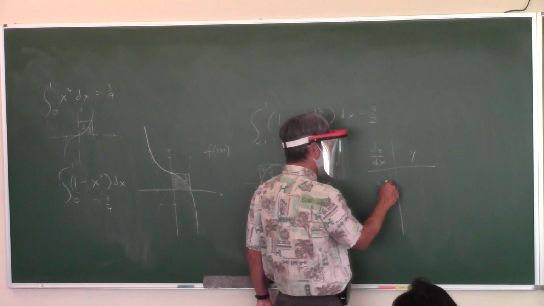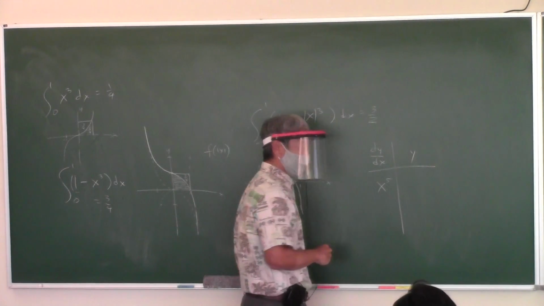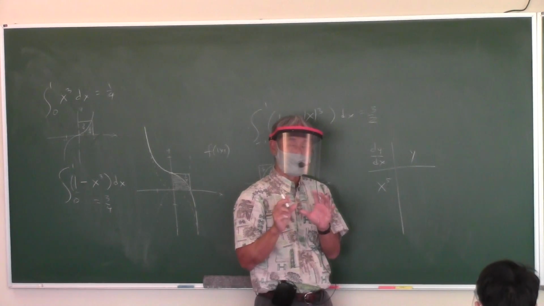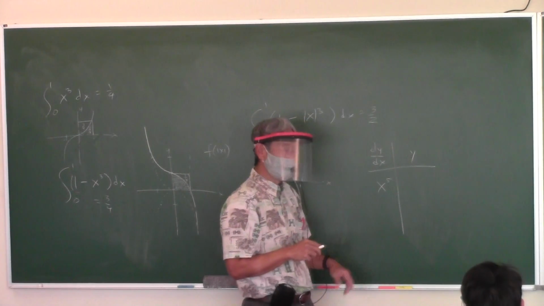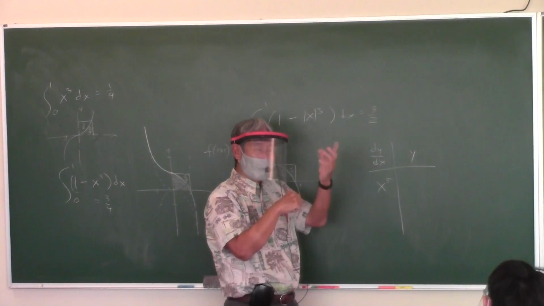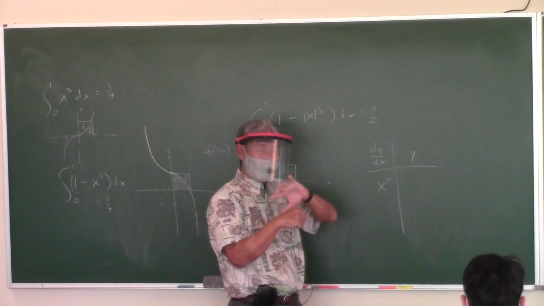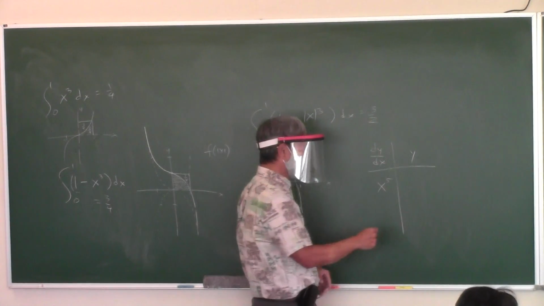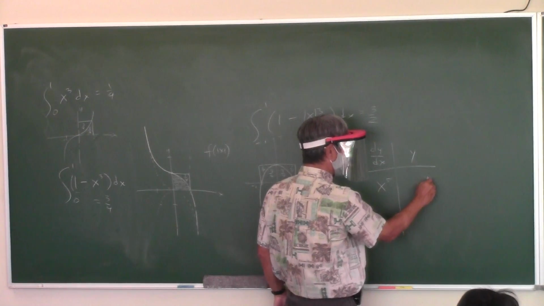Okay, what about x to the 5th? What would be the antiderivative of that? Like, what do I have to take the derivative of to get this? x to the 6th. Because remember, how do derivatives work? You put the power in the front and reduce it by 1, right? So if you go the opposite direction, you gotta increase the power by 1. So shouldn't it be x to the 6th?